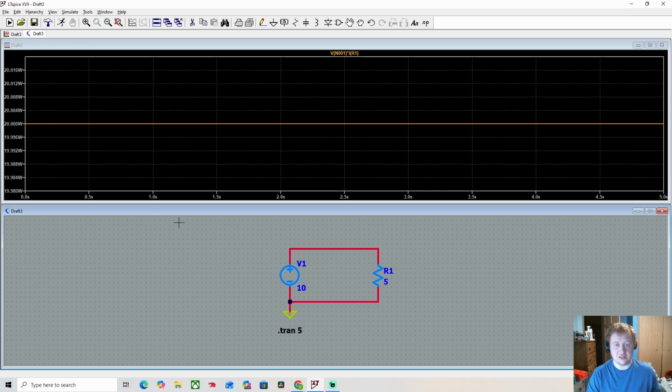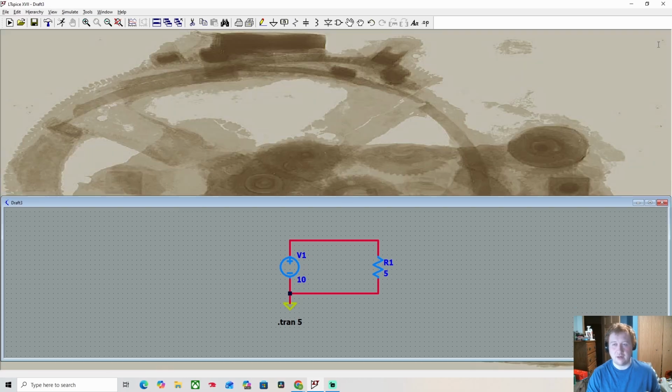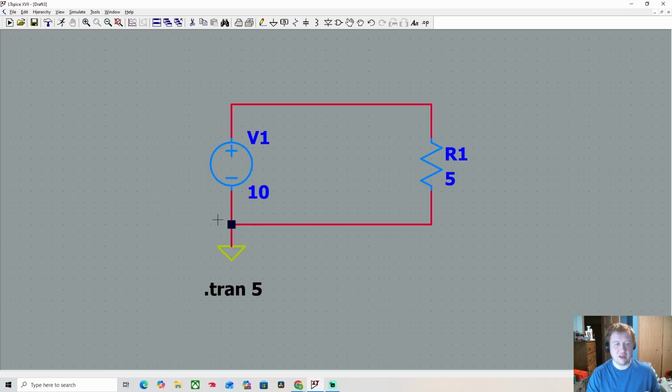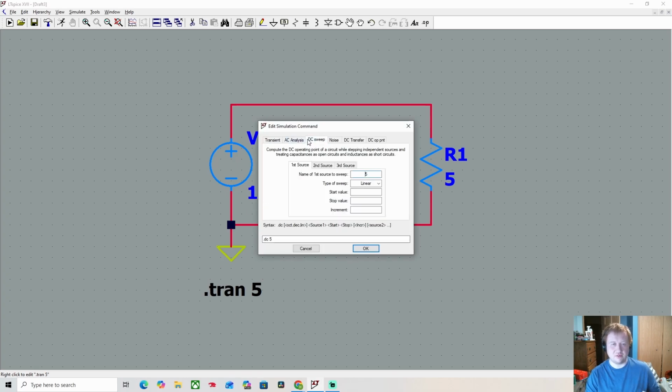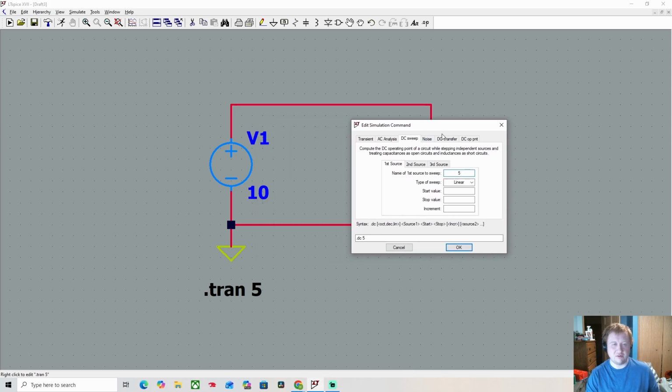A neat trick about LTSpice is that you can get an idea of how to scale your idea by ramping your voltage. The way that you do that is you can use your tools here to do this. So switch over to DC sweep, and we're going to sweep V1.